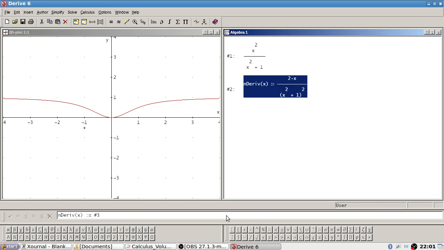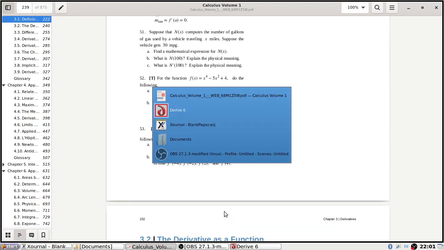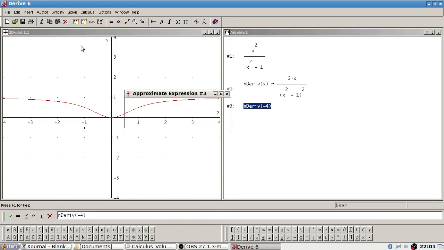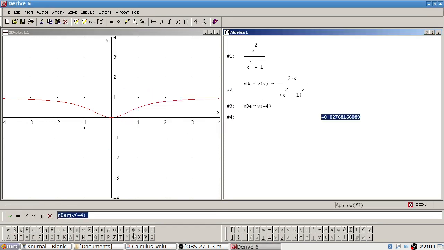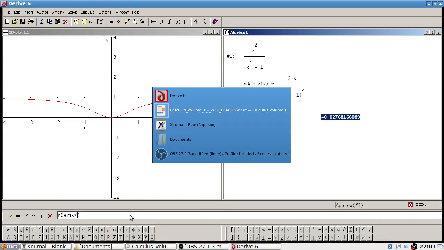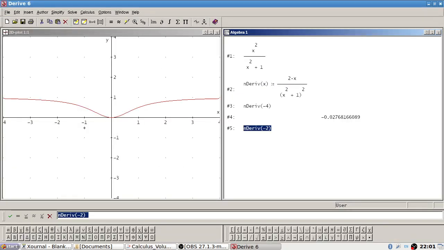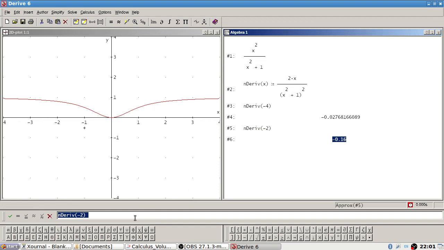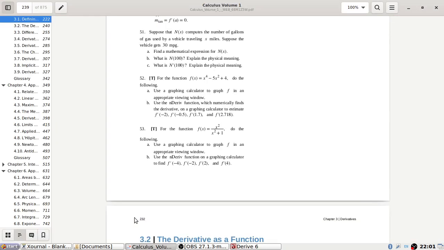And then that way we can calculate a little bit quicker. So we have N deriv of -4. Simplify, approximate. N deriv of -2. Simplify, approximate. N deriv of 2 and 4.